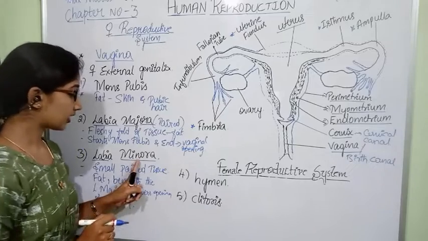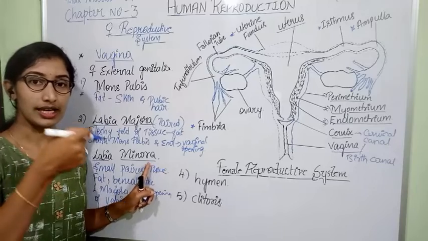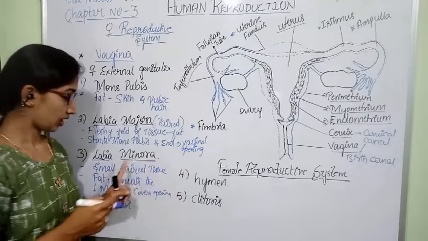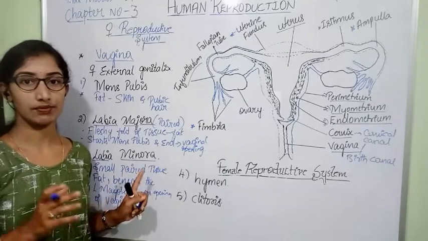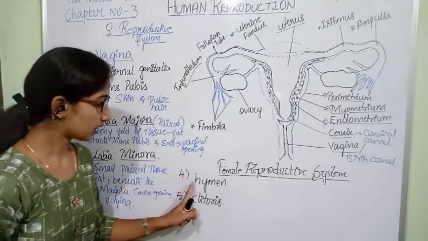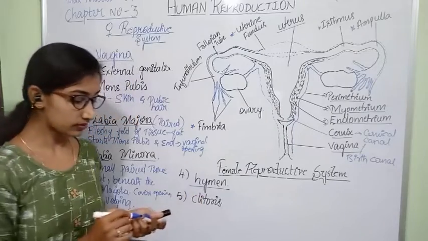The labia minora starts from the clitoris and ends at the opening of the vagina, and this also plays a function of protecting the vagina. And it is followed by the next, that is hymen.